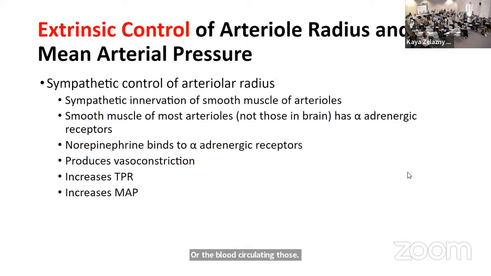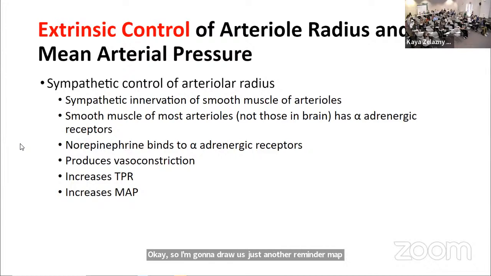So for this extrinsic control, we're going to start with what's going on with those sympathetic nerves. Okay. So I'm going to draw us just another reminder map of that sympathetic nervous system. Right. So we have nerves coming out of the central nervous system, moving into our peripheral nervous system. Okay. And then we had some branches, right?